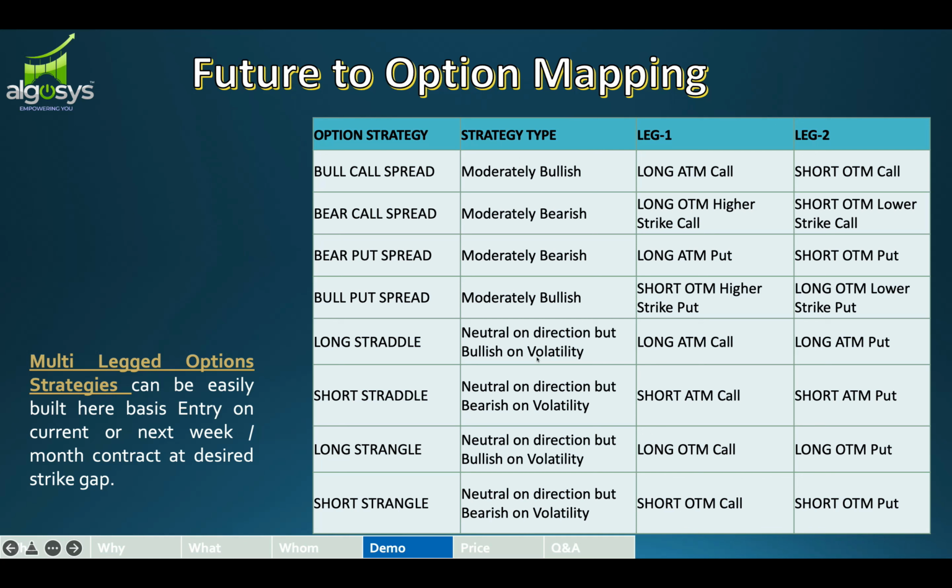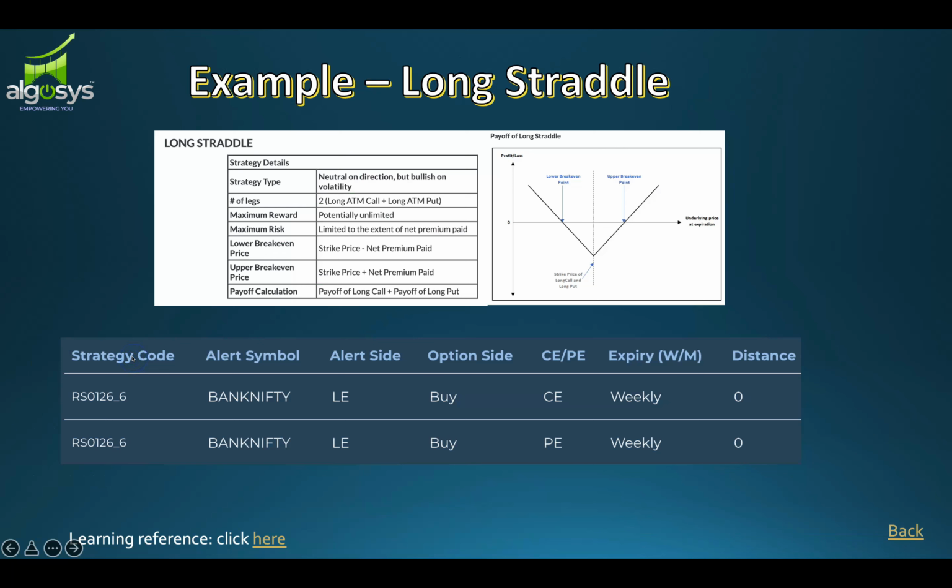Whenever we have an underlying signal coming into the script, and after that, if we want to take a long straddle instead of a simple buy or a simple sale, or just taking an in the money buy or sell, the rule of a long straddle is you have to take one long ATM call and one long ATM put. So the moment you configure your strategy in such a manner, you will be able to take a long straddle.